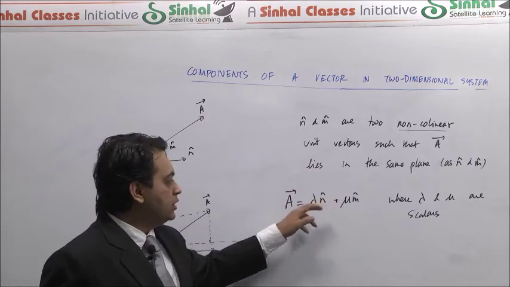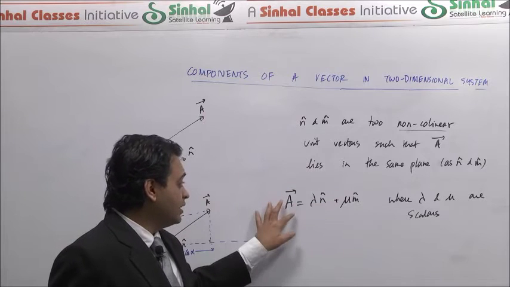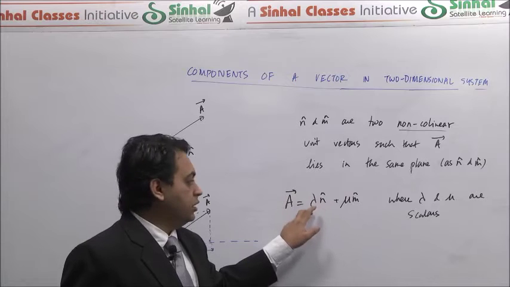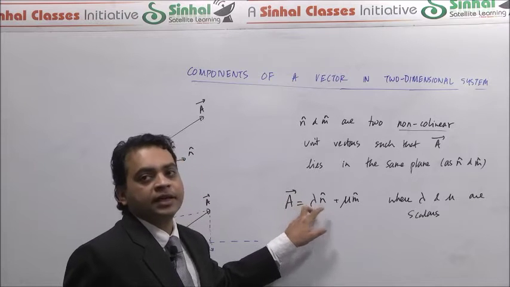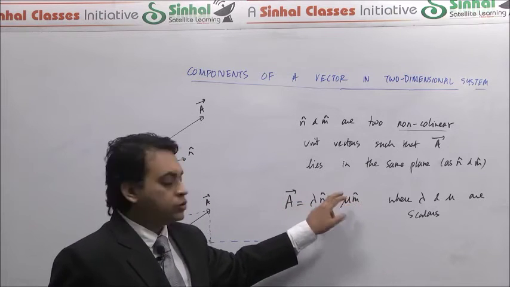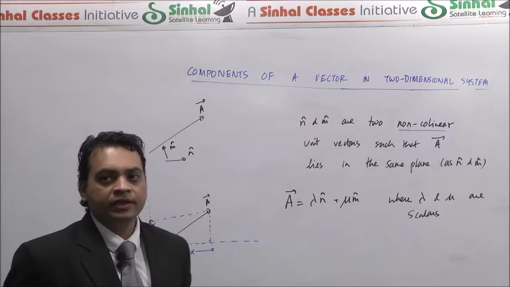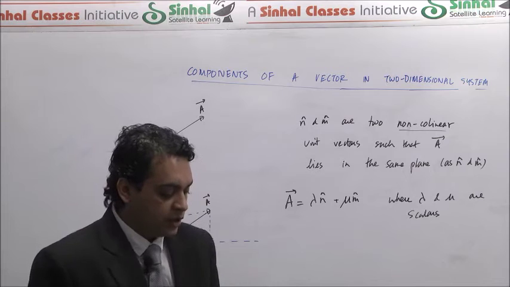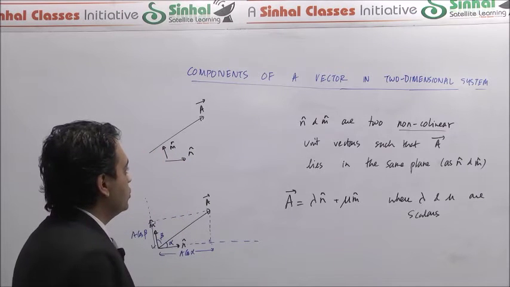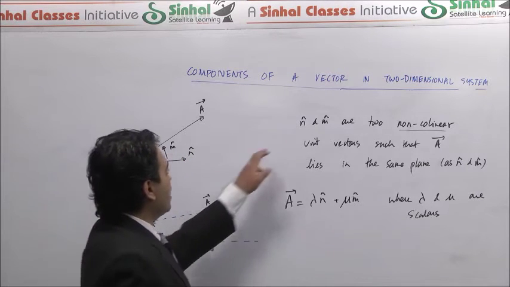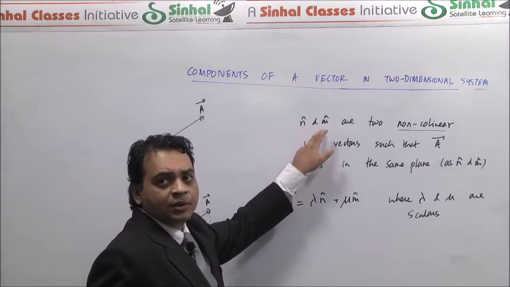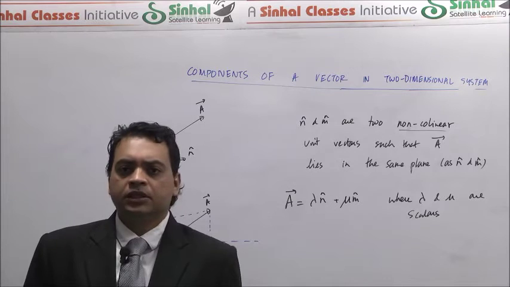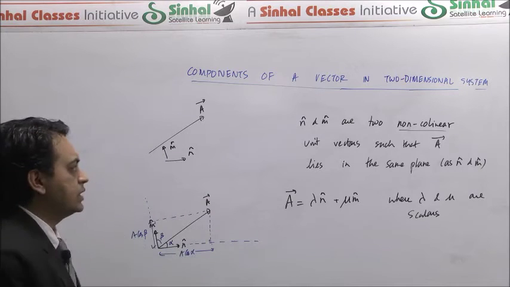So accordingly, what we can do next is break up the vector A into two vectors, one along n cap and one along m cap. The magnitude of the vector along n cap will be called the component of A along n, and similarly for m. Now this whole concept becomes even more useful when instead of using arbitrary unit vectors n cap and m cap, we use the standard unit vectors for the rectangular coordinate system, that is i cap, j cap and k cap, as we discussed earlier.